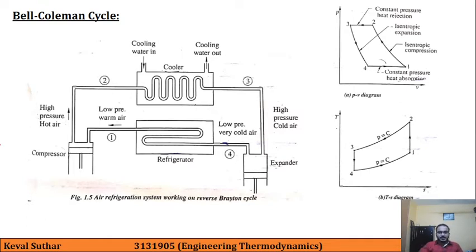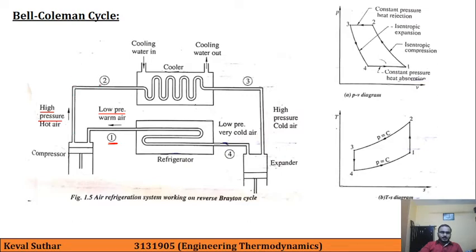Let's begin with point number 1. Here, low pressure warm air is coming from the refrigerator, so it is being compressed from low pressure to high pressure, and because of this the temperature of air also increases.